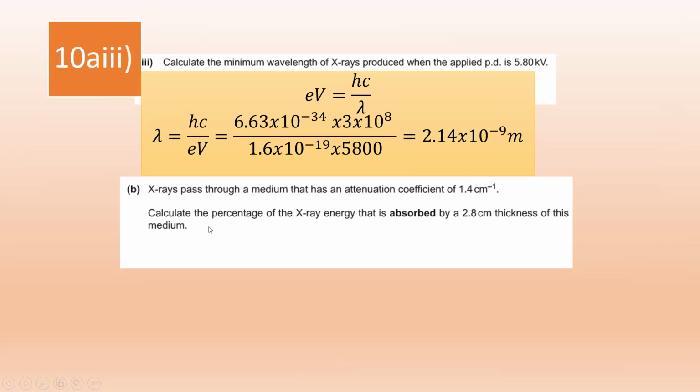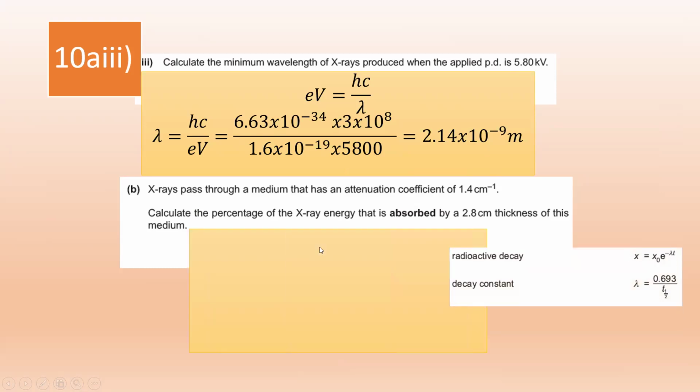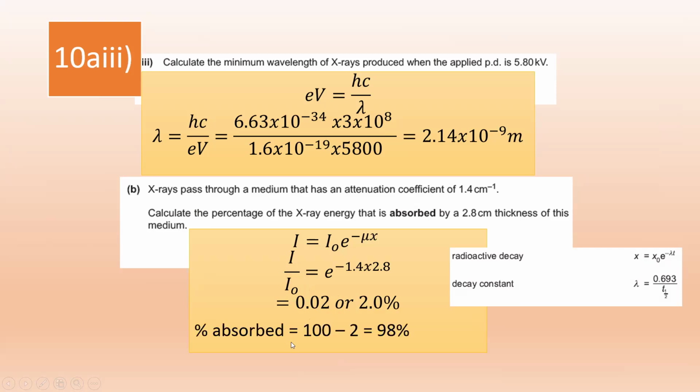Calculate the percentage that is absorbed in a given cm thickness. Right? Use the radioactive formula, except convert to X-ray. That's percentage transmitted, then percentage absorbed. Okay. Any comment?